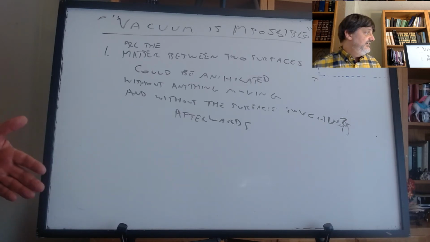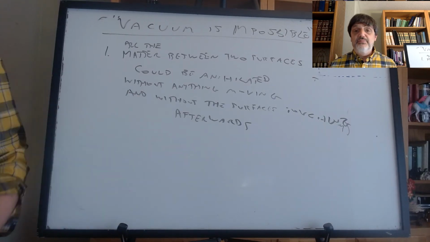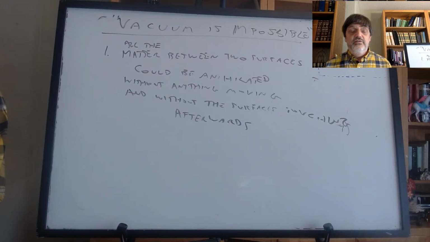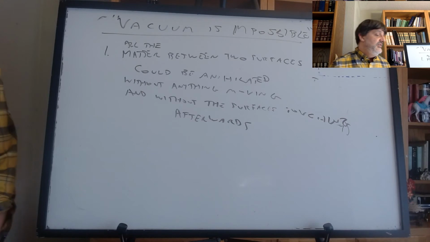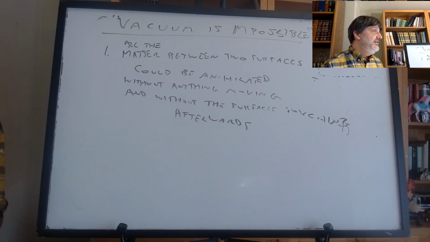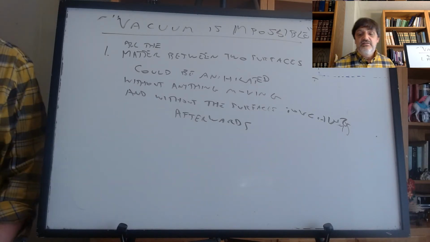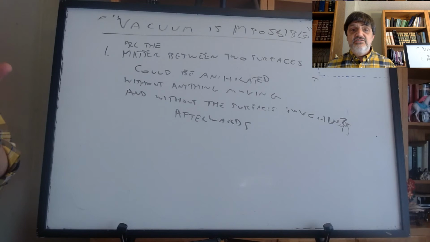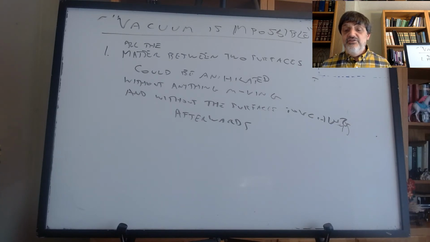This is something that Descartes, for example, would say is impossible. And because Descartes doesn't want to deny that God could annihilate a body without affecting the surrounding bodies, he concludes that if God did annihilate the air in the room, the surfaces that were separated by the air would now touch each other.